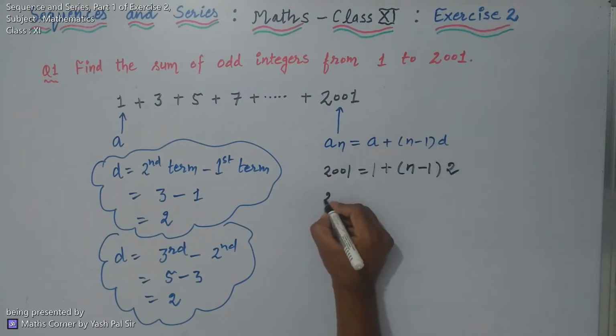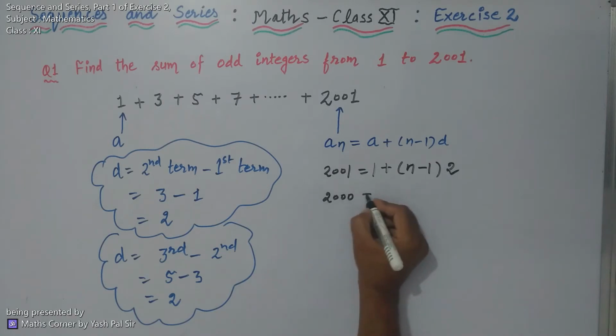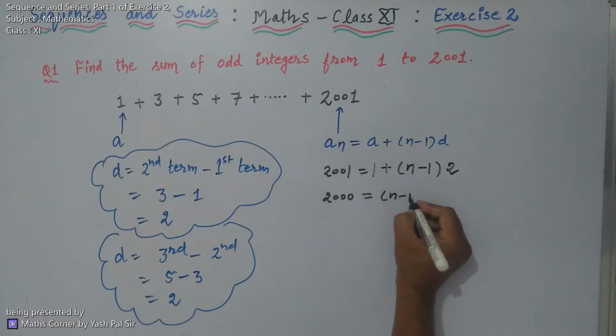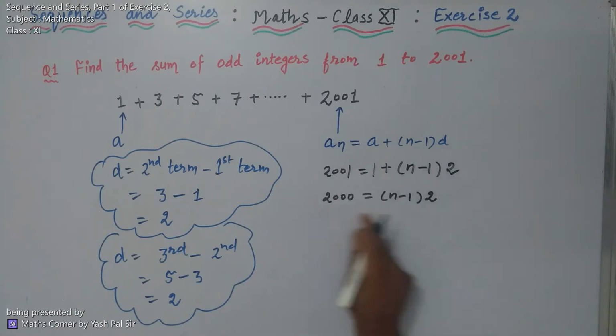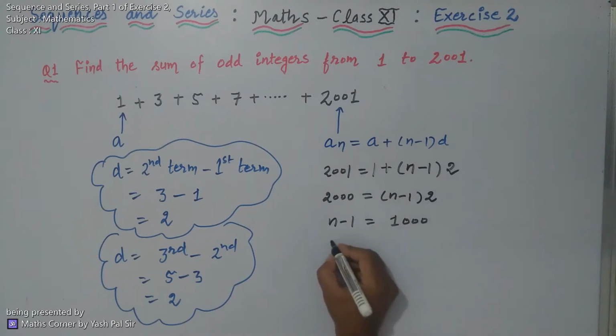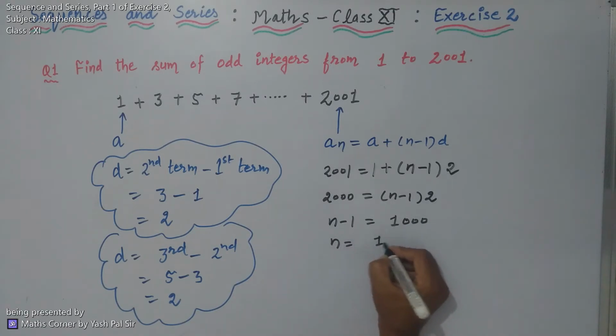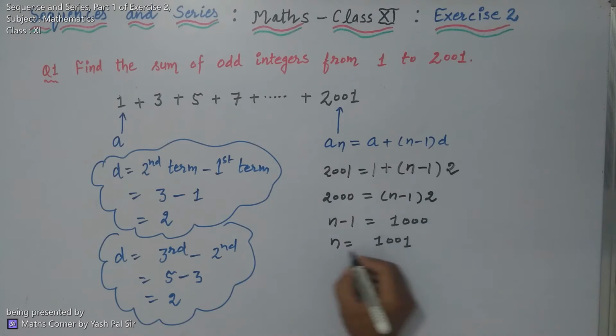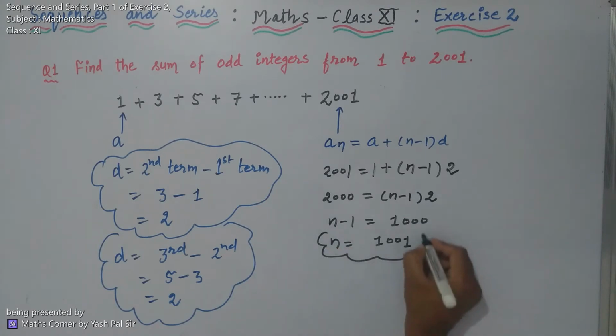This becomes 2000 is equal to n minus 1 into 2. Dividing by 2, we have n minus 1 is equal to 1000. So n is equal to 1001, right? So we have got the value of n.